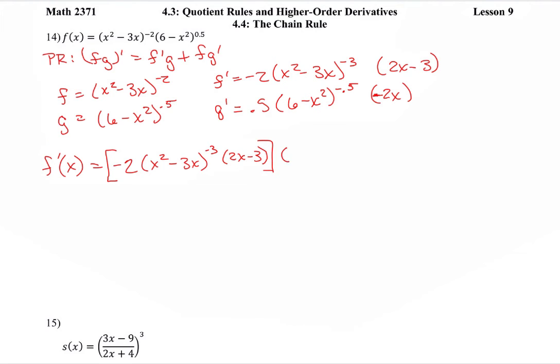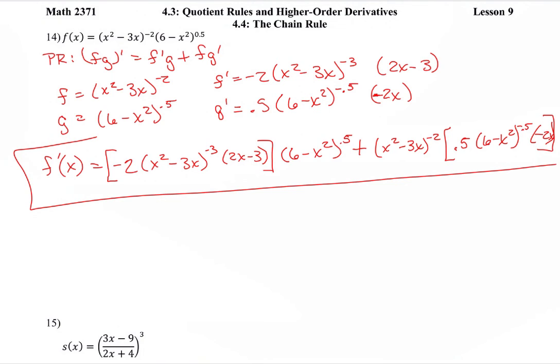Close that bracket, times x times 6 minus x squared to the 0.5, plus x squared minus 3x to the negative 2 times 0.5 times 6 minus x squared to the negative 0.5 times negative 2x. And again, that's your answer.